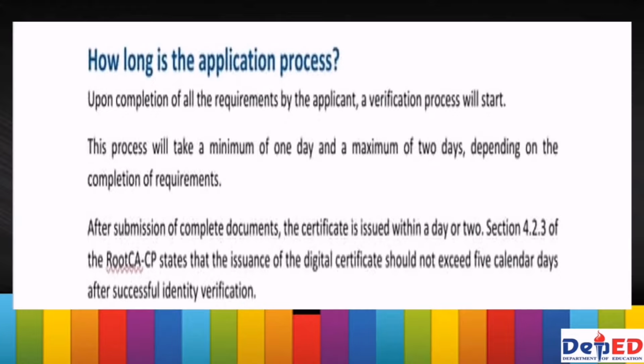After submission of complete documents, the certificate is issued within a day or 2. Section 4.2.3 of the Root CA-CP states that the issuance of digital certificates should not exceed 5 calendar days after successful identity verification.